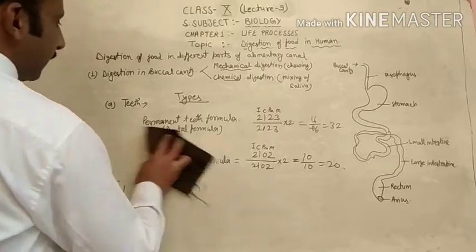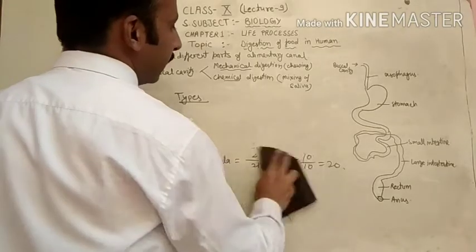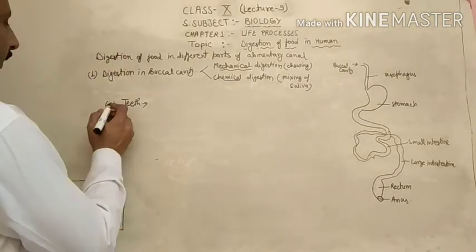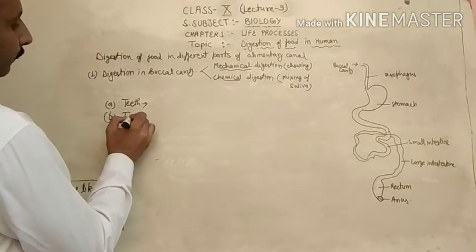Now, the second part in the buccal cavity which helps in the digestion of food is the tongue.